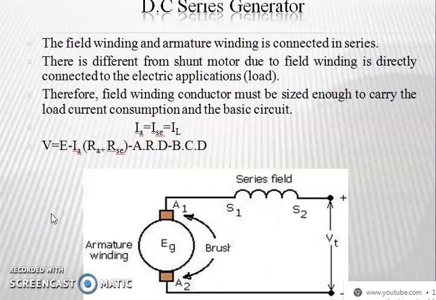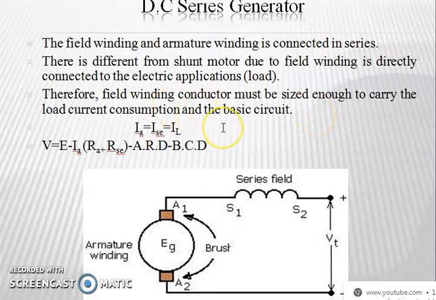In case of series generator, the field winding is connected in series with the armature winding, as shown in the figure. This is different from a shunt generator, because there the field winding is connected in parallel with the armature winding. Therefore, the field winding conductor must be sized to carry the load current.